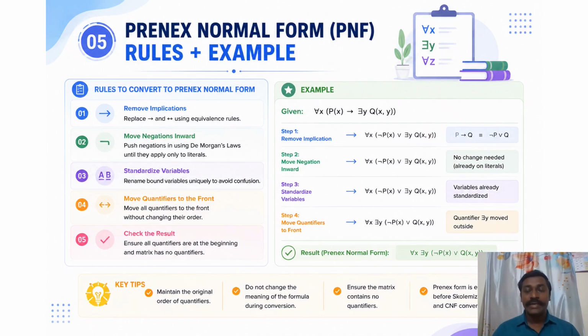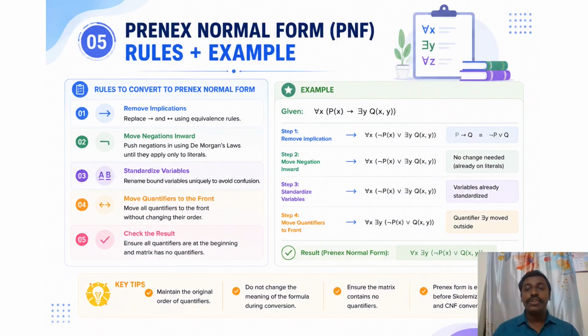For example, for all x, P of x implies there exists y, Q of x comma y. Now we have to remove the implications. The quantifiers will be present as they are, and we take P of x implies Q of x comma y as negation P or Q. Then we have to move the negations inward, so we just do that as it is.